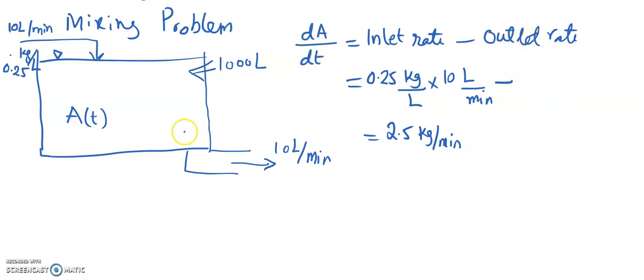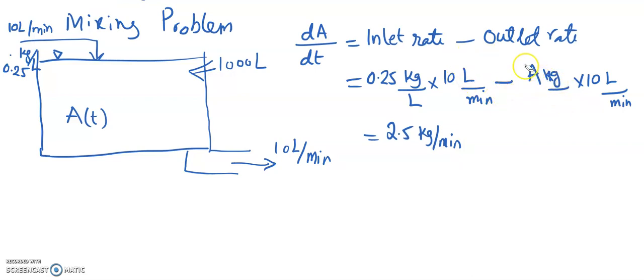And minus the outlet. So what is the outlet? Outlet concentration is A at any time, and the rate is also 10 liters per minute. But it's not A kilogram per liter.